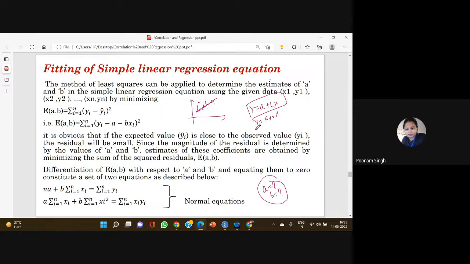So the important thing is that we will get this regression equation, and after that we can compute. This is the procedure of fitting a simple linear regression equation. We minimize this distance, and for that we differentiate with respect to A and B to get the values of A and B. Okay.